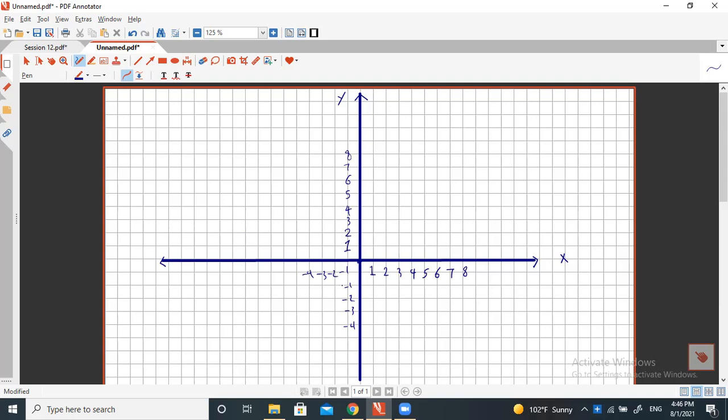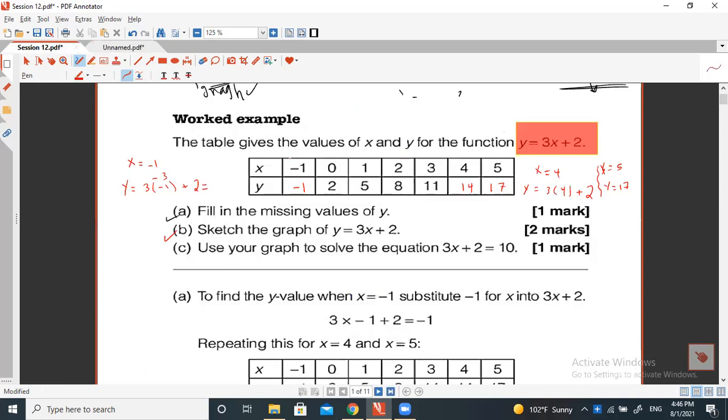And from the table, I'm using the table to sketch the graph.